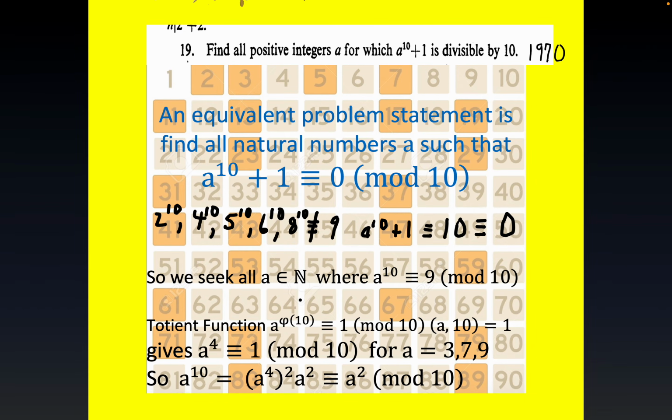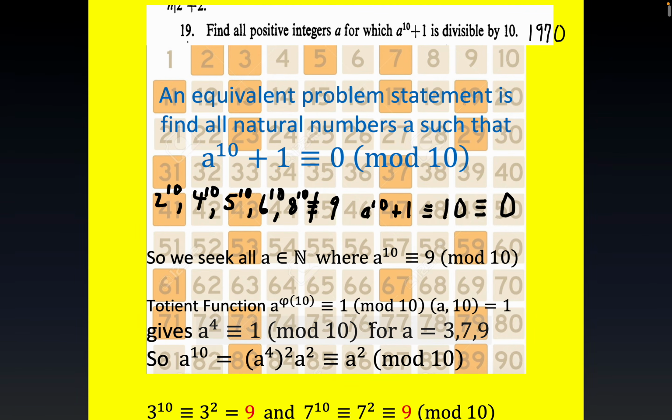Now, you guys are familiar with the Euler totient function. Phi of 10 is equal to 4 because there are exactly 4 numbers that are relatively prime to 10, namely 1, 3, 7, and 9. You can read up on the theory on this, but this is a very convenient result because for 3, 7, and 9, we have a to the 4th is congruent to 1. So that means that a to the 10th is going to be congruent to a squared.